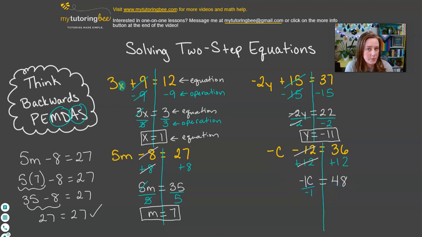You could also multiply by negative 1. That would also accomplish the same goal of getting us to a positive 1c. But this is typically the way that you'll see it as division of negative 1. So that negative 1 and that negative 1 are going to cancel out, leaving us with just c. And then 48 divided by negative 1, that just gives us negative 48.